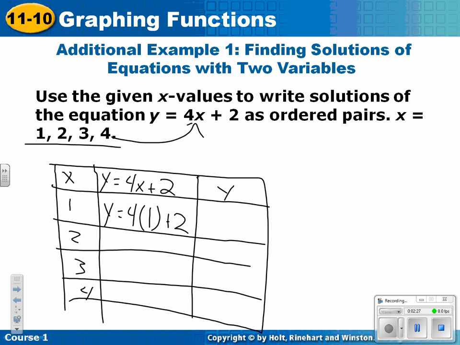Jeremiah? 6. Next one, we plug 2 in for x. So we'll have y equals 4 times 2 plus 2. What's it going to be? 10. Leah? 14.